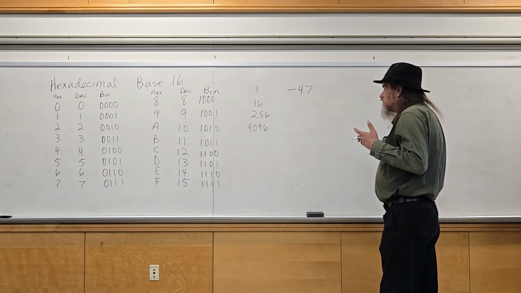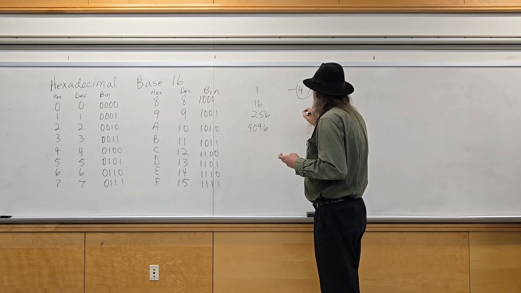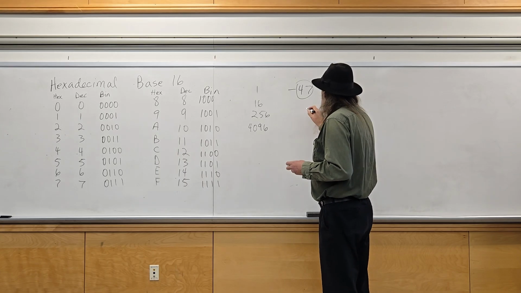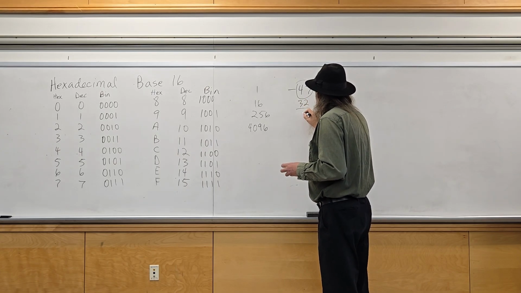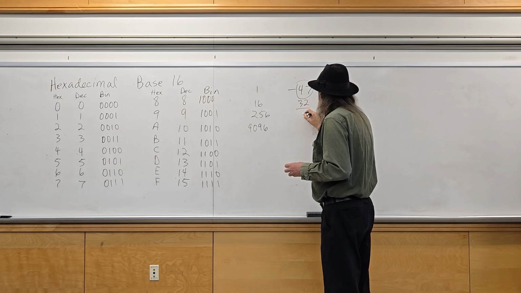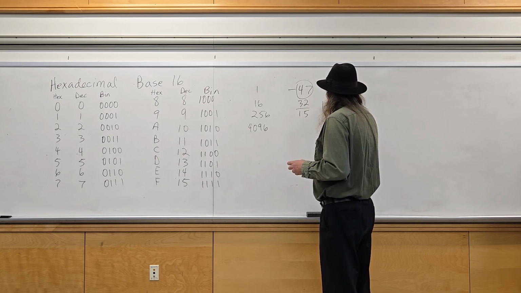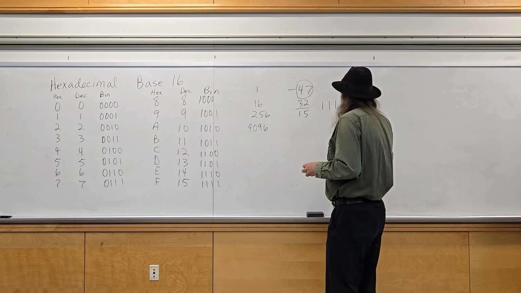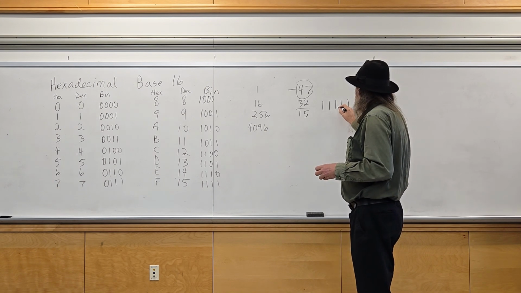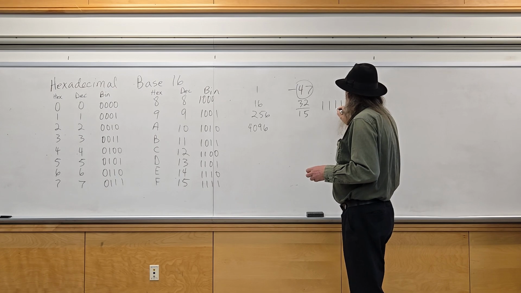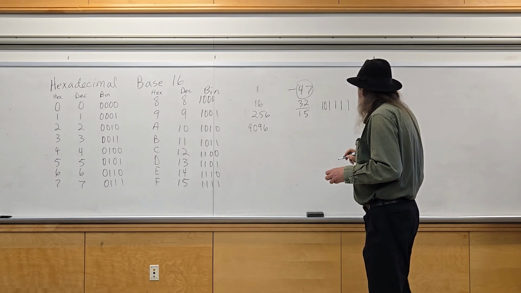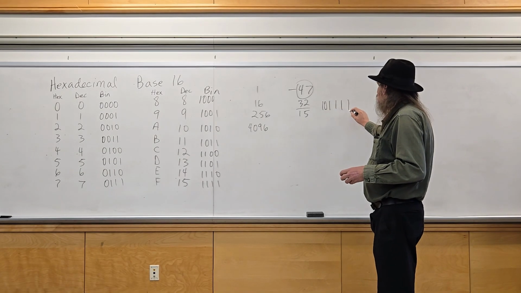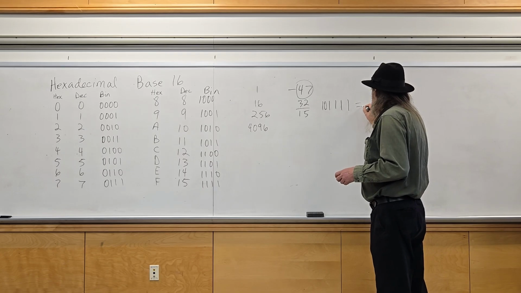You would convert the 47 to binary. So that would be a 32. That's 15. One, two, oh, there's a 0 in there. So 1, 0, 1, 1, 1, 1. So that equals 47.